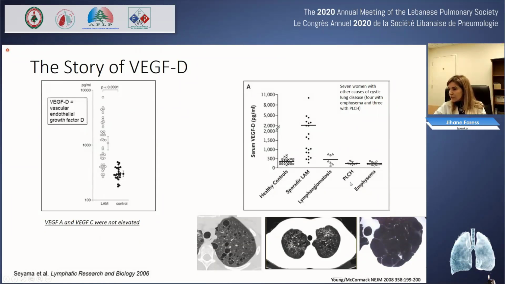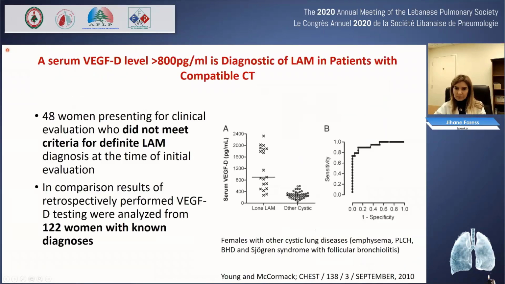The only issue in the correspondence was that in the PLCH and emphysema groups, there were only a few patients. So they followed it up with another study. In this study, they looked prospectively at people with cystic lung disease who did not meet definite criteria for LAM. And they also looked at their database retrospectively and compared people who ended up having a definite diagnosis of LAM versus other cystic lung disease.